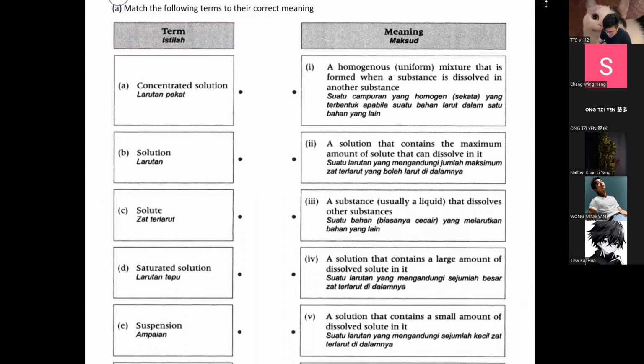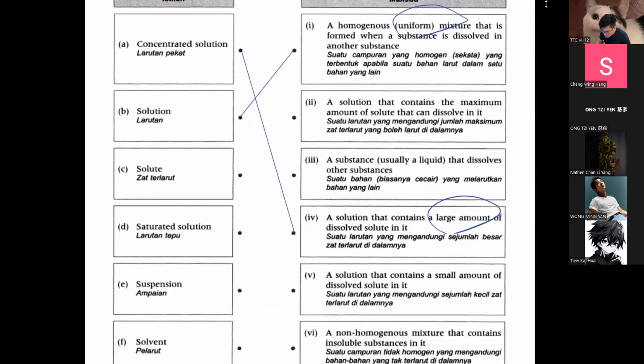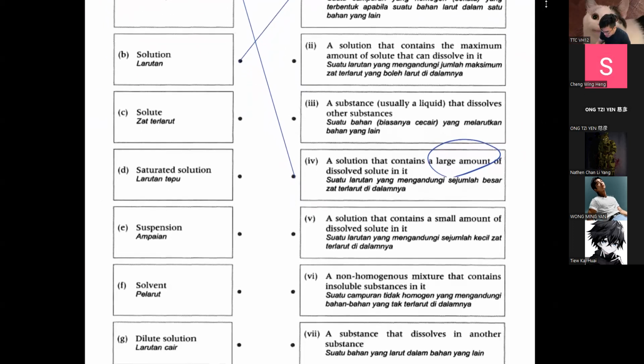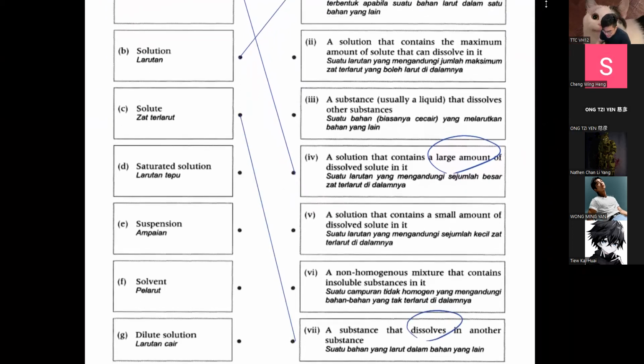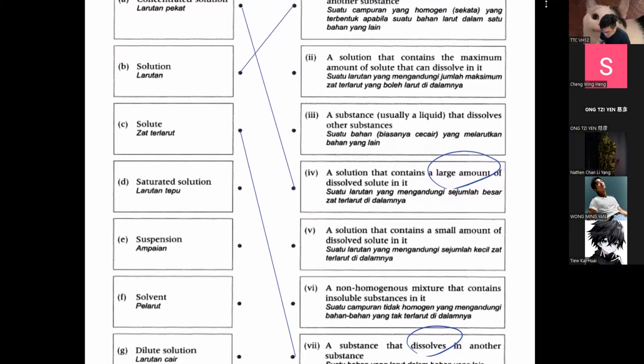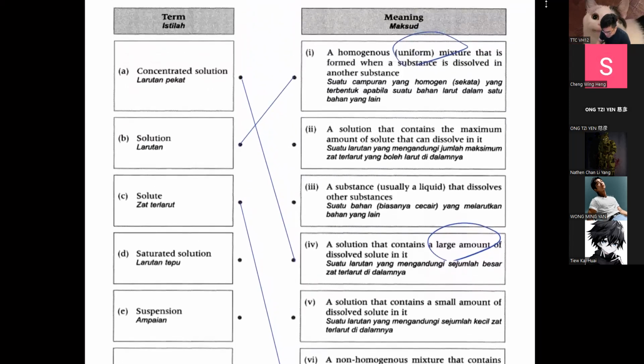Concentrated solution is when you have a large amount of solute. Solution is a uniform mixture. That means you don't need to stir. Solute is something that dissolves in. I jump into the water. Saturated solution is the solution that has the maximum.